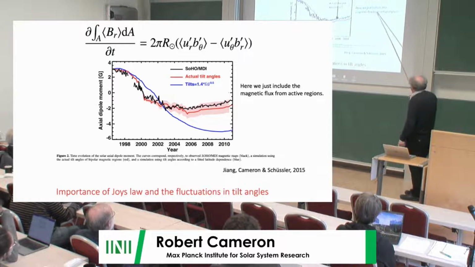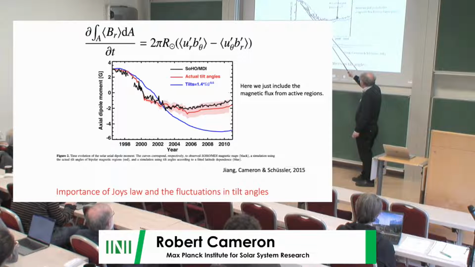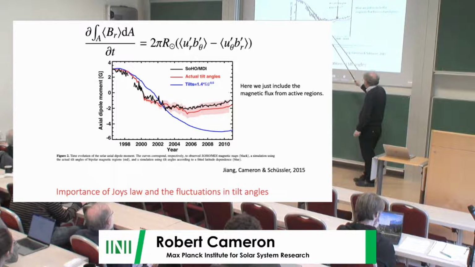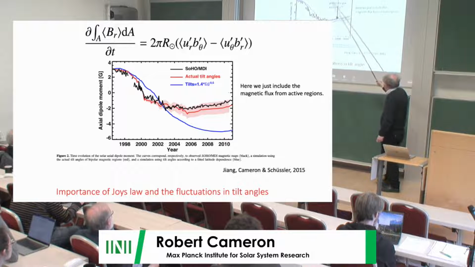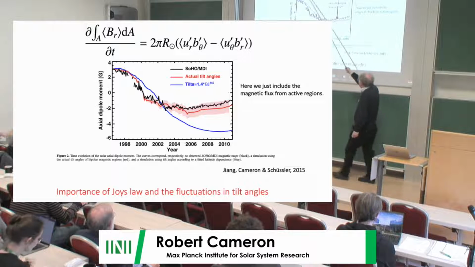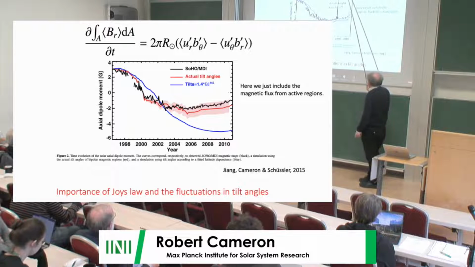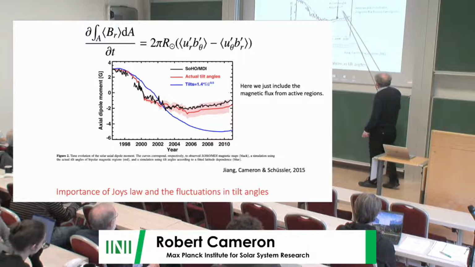So if you just include the active regions and use the observed tilts, the black line is the axial dipole moment, which is closely related to the net flux in the hemisphere, observed from a space mission. And this is what you get if you integrate this equation in time using the observed properties of individual active regions observed during this cycle. And it matches very well.